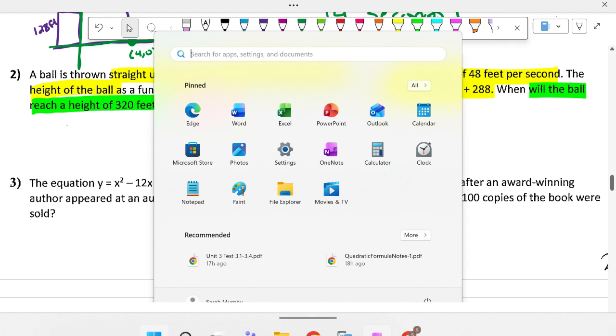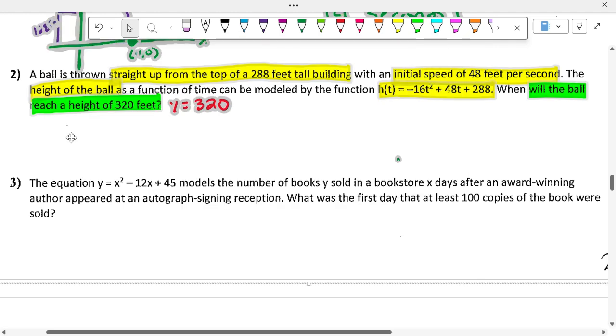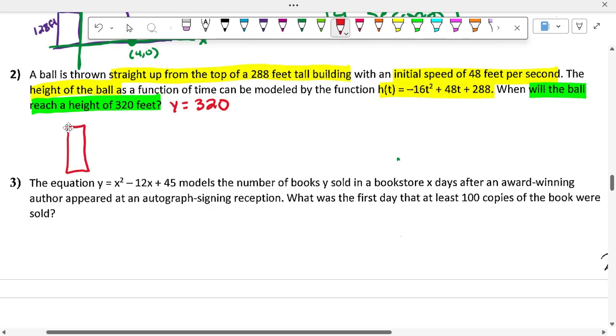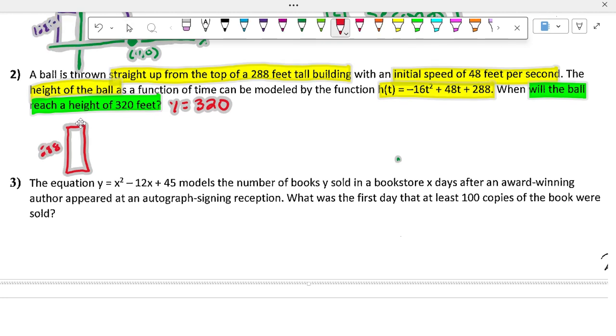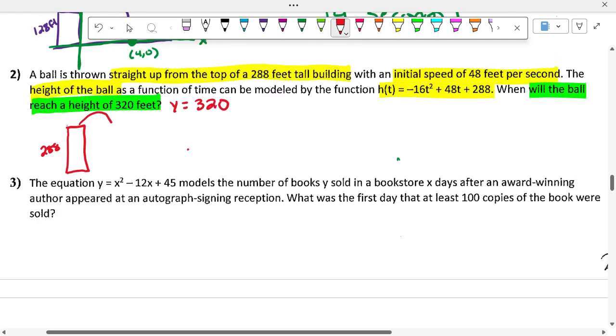So if I drew you a picture to model what was going on, I had the 288 building. Someone threw that ball. It hit the ground at some point. And we wanted a line that represented 320 feet in the air. And it hit at 1 second and 2 seconds.